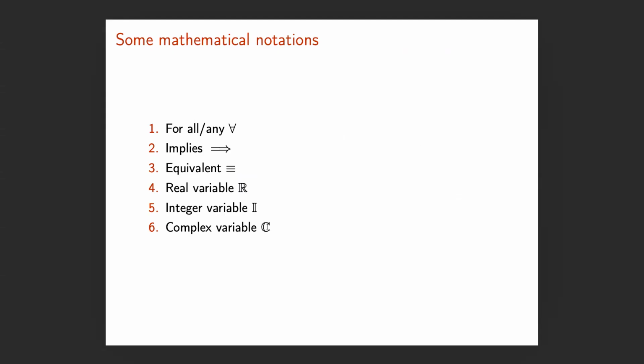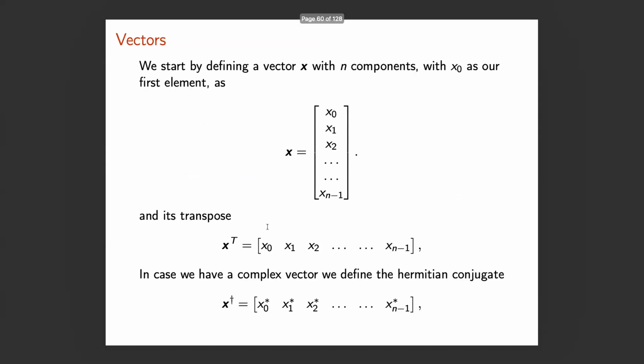In the beginning here, there are just some simple notations, for the sake of completeness. If you're a little bit rusty on the standard notation in quantum mechanics, I just wanted to remind you of the way we represent vectors, standard linear algebra. This is the way you would typically see a vector with n components, its transpose, and then the Hermitian conjugate.